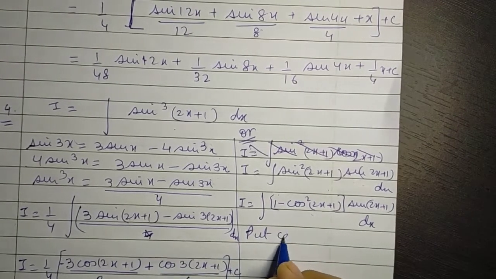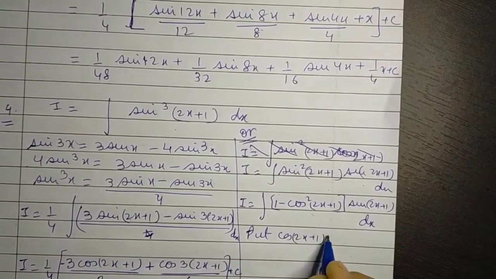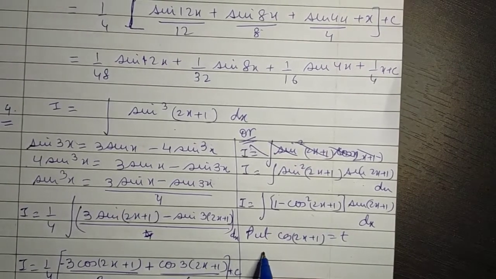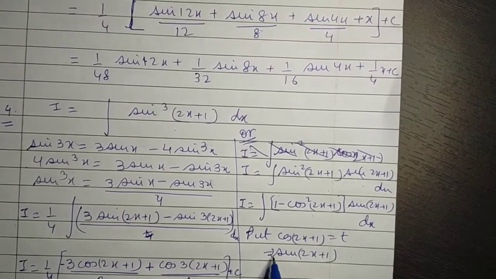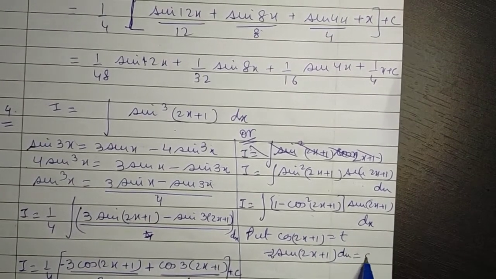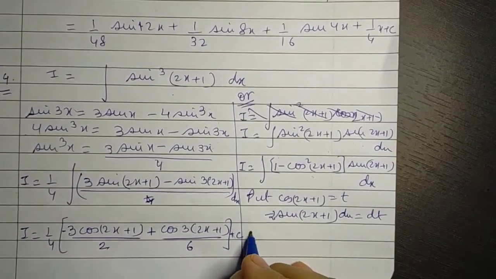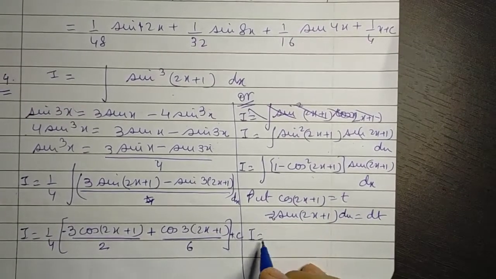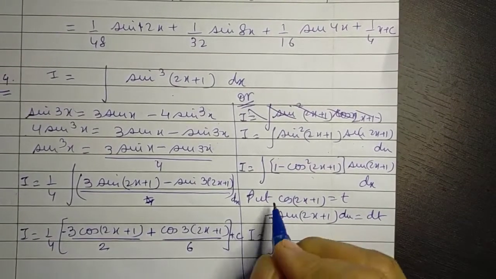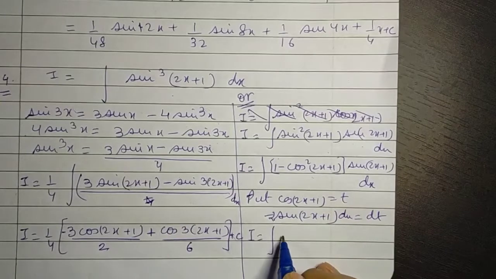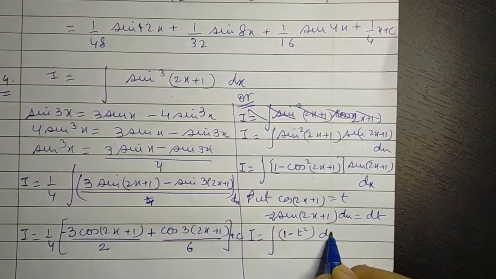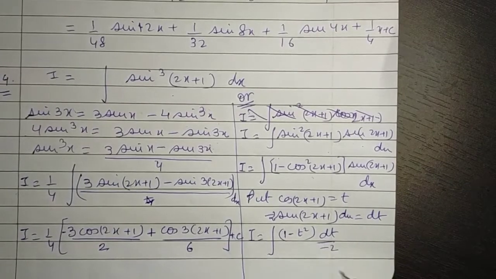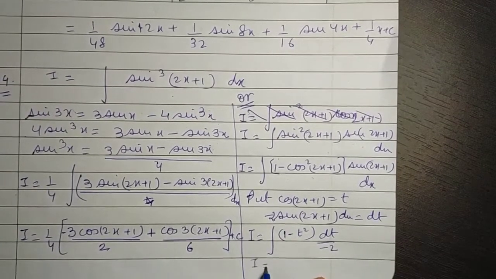Put cos(2x plus 1) as t, we get minus sine(2x plus 1) into 2 into dx is dt, and you simply substitute over here. What do we get? Integral of 1 minus t squared into dt upon minus 2, and whose integral we know?